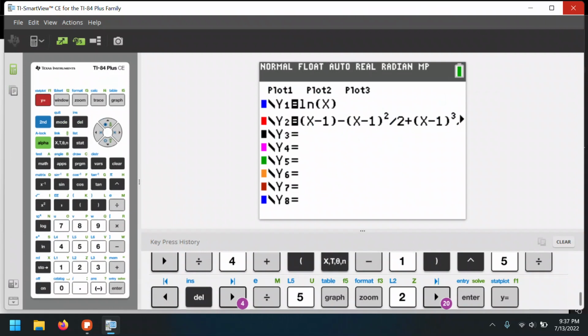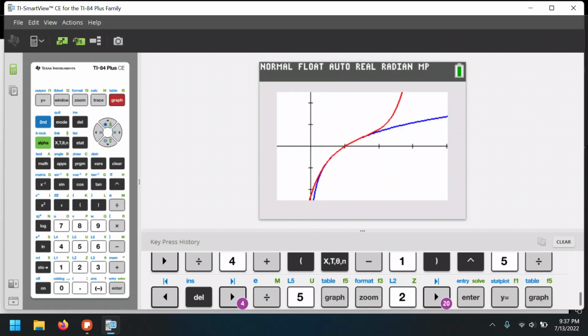Here it turns out that in the graphing calculator I have y1 as ln of x, and I type for y2 that approximation we just obtained. Okay, so let's look at the graphs. Let's graph. And do you see how at a certain interval the approximation, which is in red, is very similar, or rather overlaps, the blue graph right here, which is the ln of x.